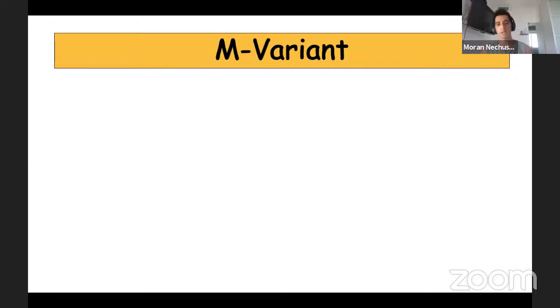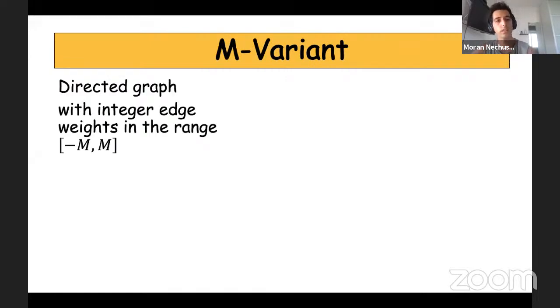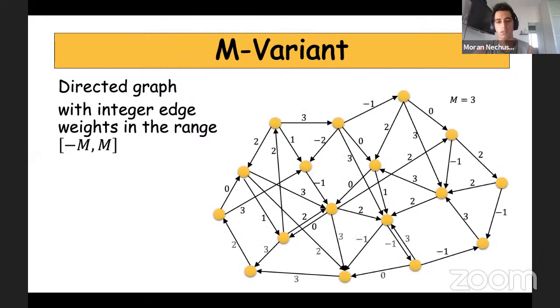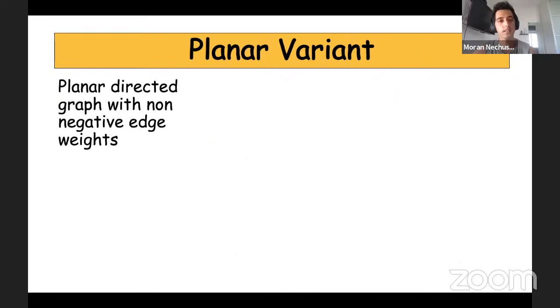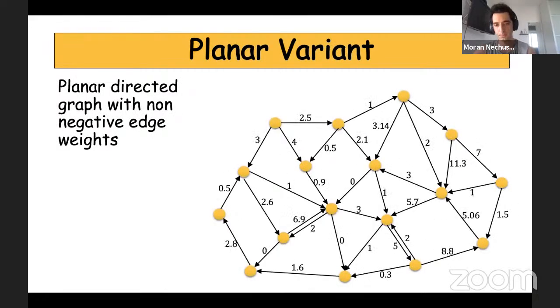And we've been able to tackle two variants. The first one is the M variant, where you are given a directed graph with integer edge weights between -M to M, and we assume that the graph doesn't contain negative cycles. The second variant is the planar variant, where we are given a planar directed graph with no negative edge weights.